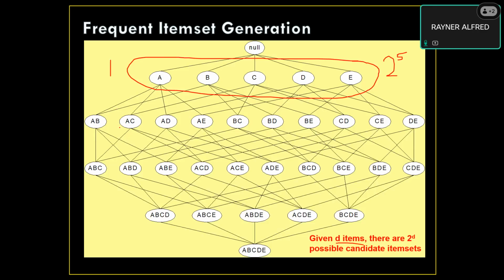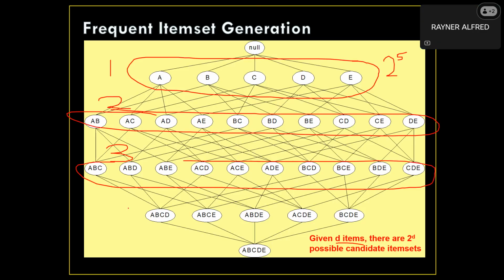So this is 1 item set, this level is 2 item set, this is 3 item set, this is 4th, this is 5th item set. So how do you look at this and determine which one is a frequent item set? It depends on the minimum support.